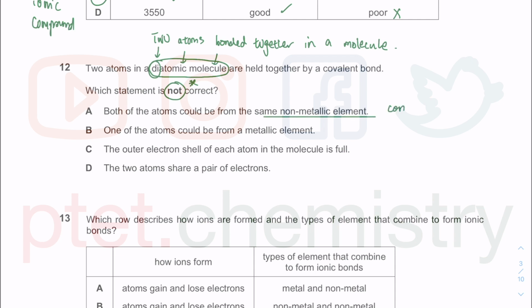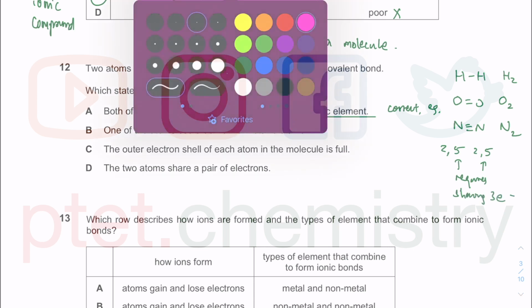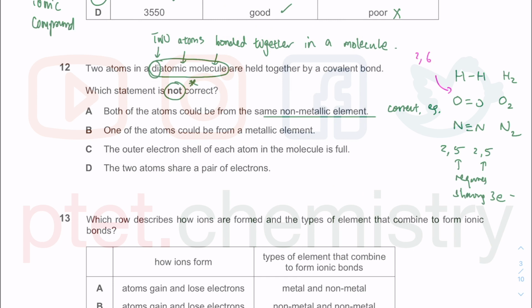This is correct because, for example, H and H give you H2, O and O give you O2, N and N give you N2. I've drawn a triple covalent bond there because, as you know, 2,5 and 2,5 requires sharing 3 electrons each, whereas in oxygen, 2,6 and 2,6, you require sharing 2 electrons each, and so on.